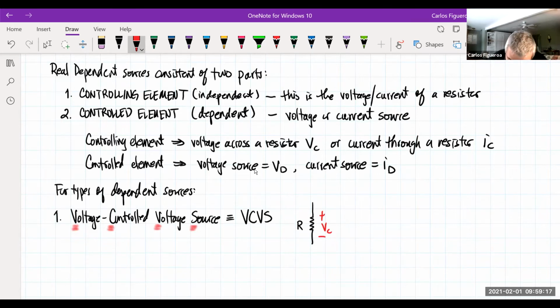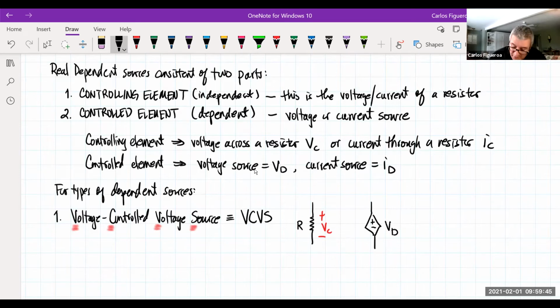And what you find here is that the way we draw any dependent source is that we draw diamonds. So diamond immediately tells you that it's a dependent source. So then check this out. I know that this is my voltage VD.